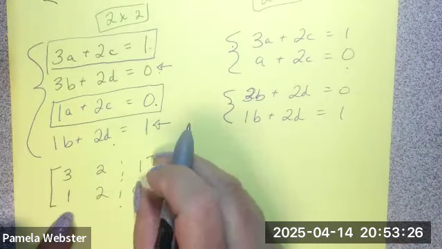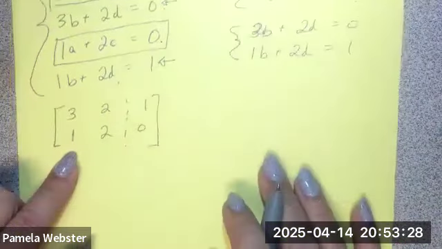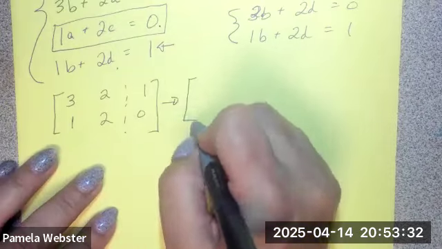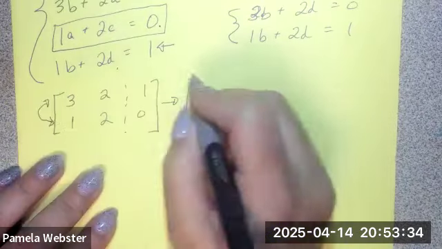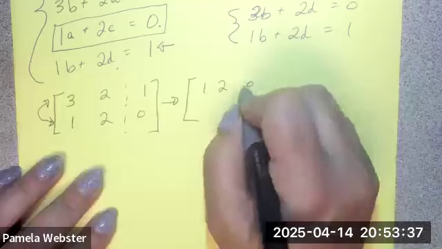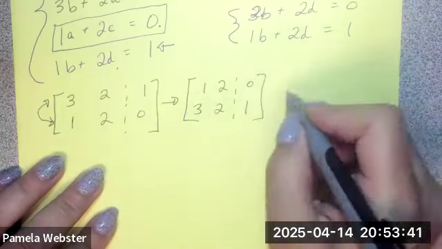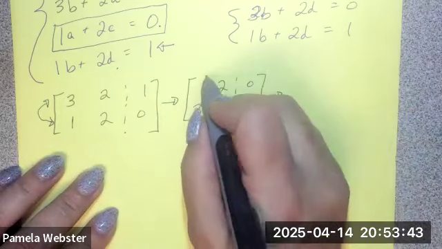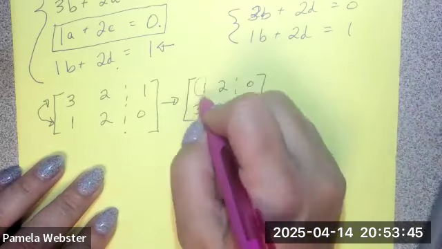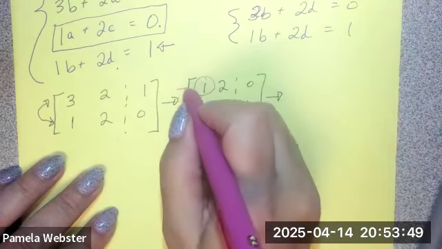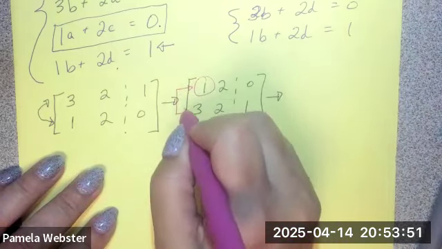And this is no longer a square because I've got this augmented matrix back here. But let's see what we get. I'm going to flip these guys, switch my rows. 1, 2, 0. 3, 2, 1. And then I've got the 1 there. So what can I multiply it by to add down?